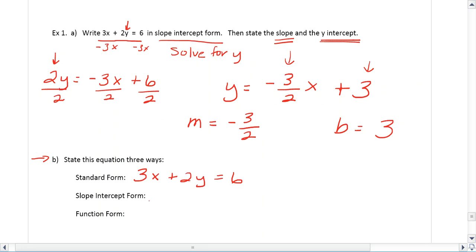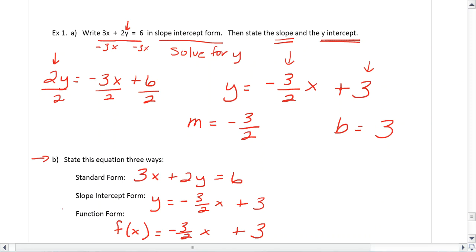Then we solved that for y and put the x term before the constant to get the slope-intercept form. And if we were to write the function form of this, sometimes called function notation form, we simply take out the y and put in f of x. Because remember, y and f of x are interchangeable.